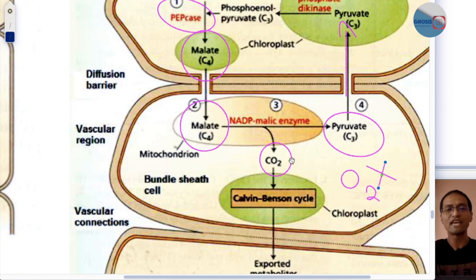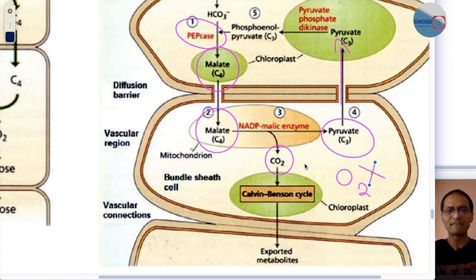So you have a case where the carbon dioxide now does not have to compete with oxygen, and therefore the problem of decrease in photosynthetic efficiency due to photorespiration does not occur.